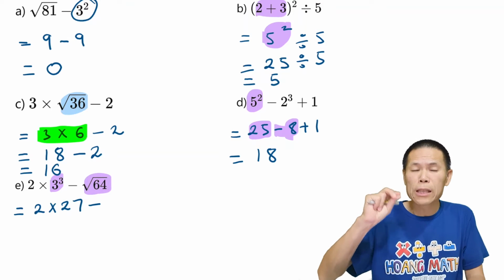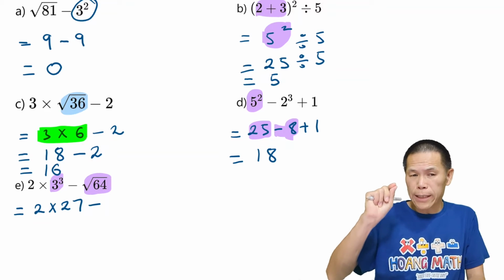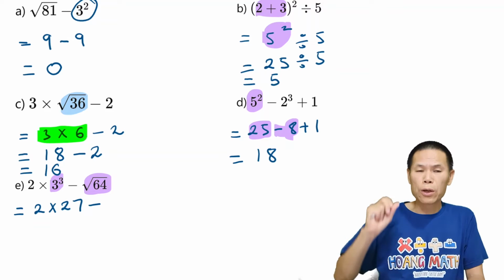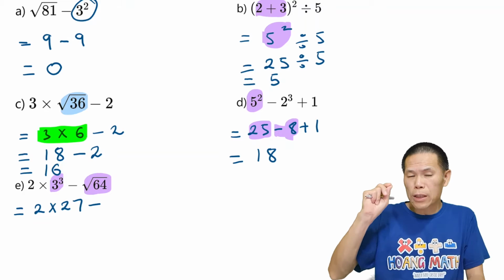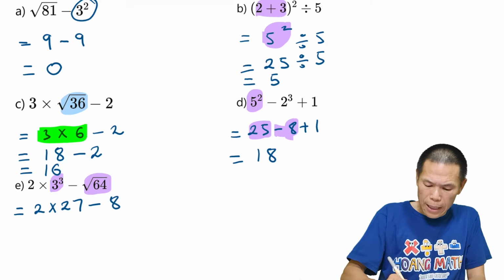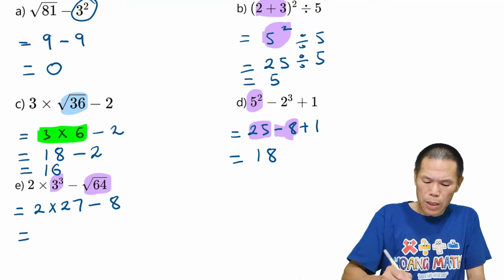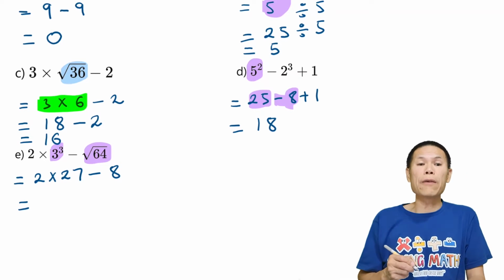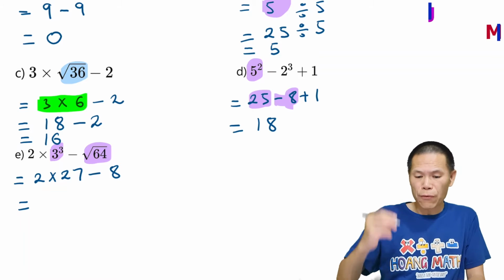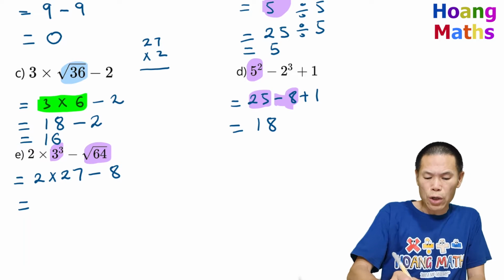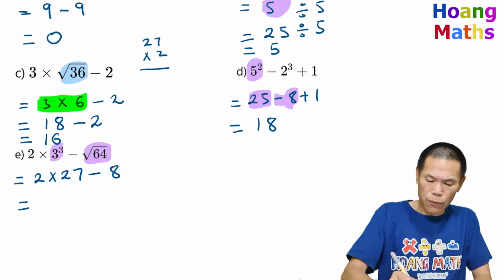And we know that 64 is 8 times 8. So therefore, the square root of 64 is 8. So that is minus 8. That will give me, so we have 2 times 27 is 54. Otherwise, you go like this. You go 27 times 2. 2 times 7 is 14.